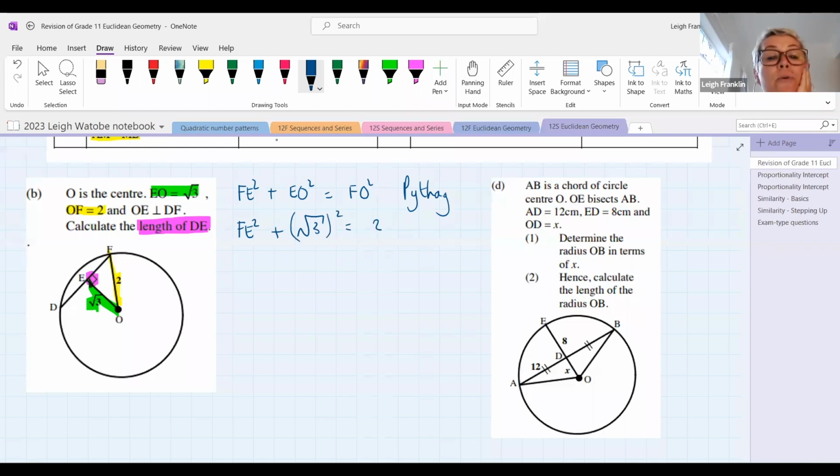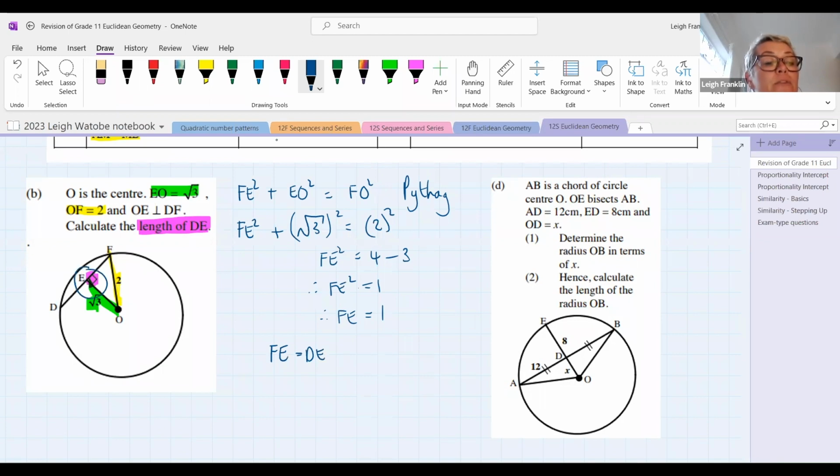And FO is 2. Making FE the subject of the formula, we take this term over to the other side. So that's going to be 4 minus 3. That means that FE squared is 1, and thus FE is going to be equal to 1 unit. Now we can conclude that FE equals DE.